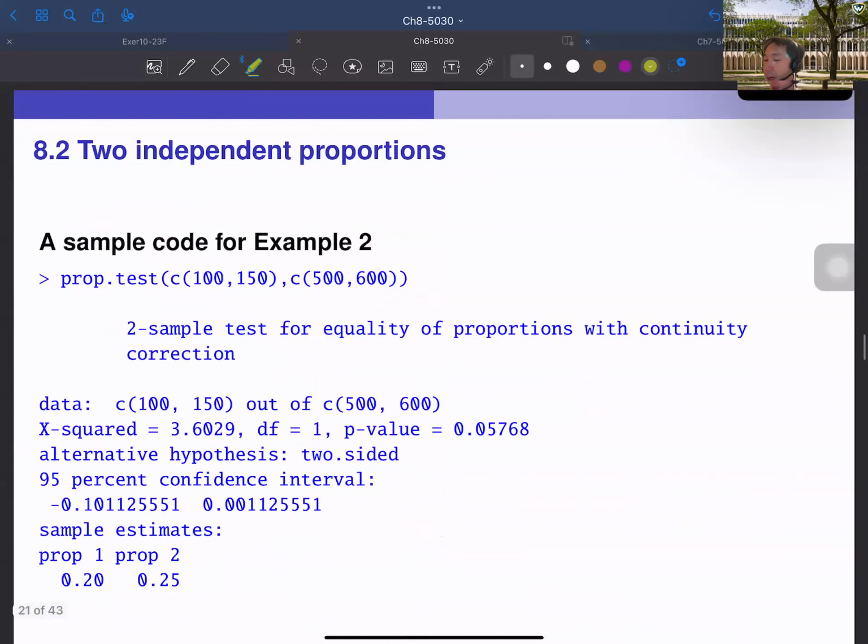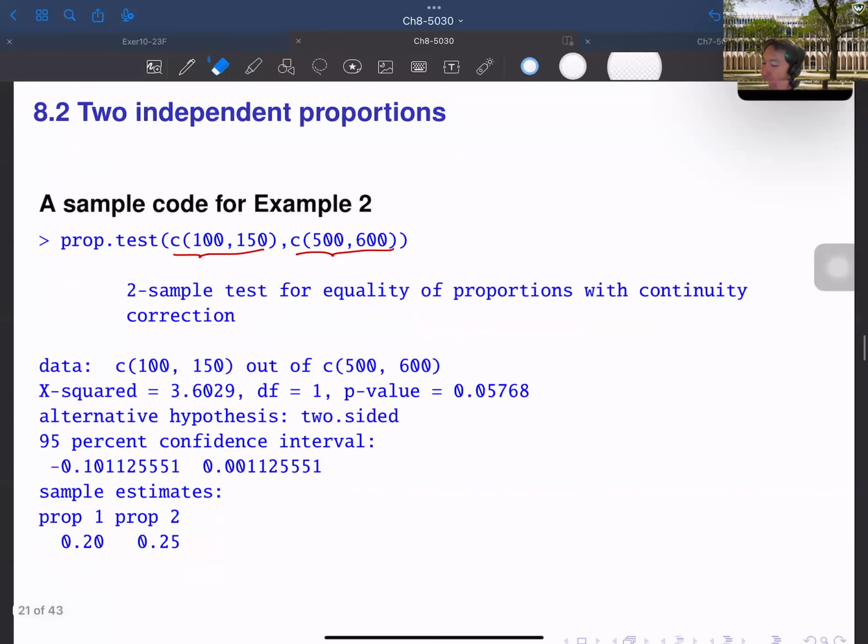It can be done by the prop.test function, the same function as for the one sample proportion, but here we have two inputs: 100 out of 500 and 150 out of 600.